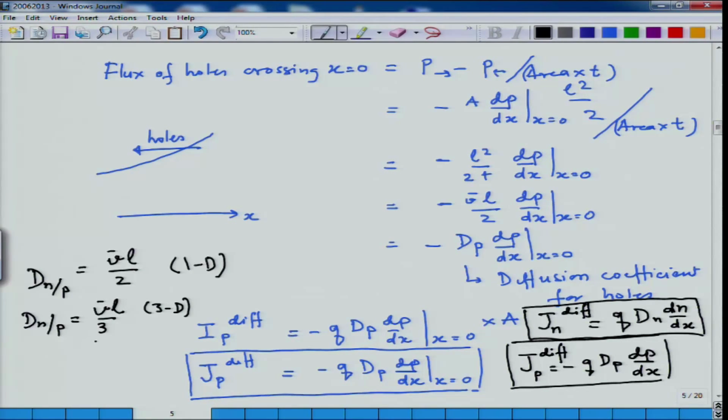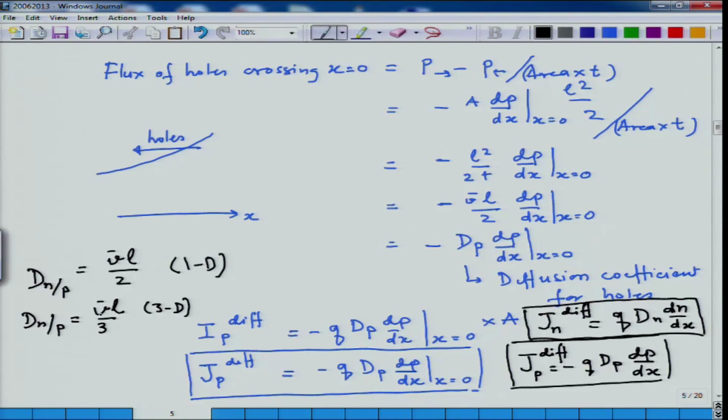So, it is not very important what exact expression this is, because eventually we will be dealing with the diffusion coefficient, which we will calculate from experimental values. For the purpose of illustration, this one dimensional problem is much easier to visualize where the diffusion current comes from.